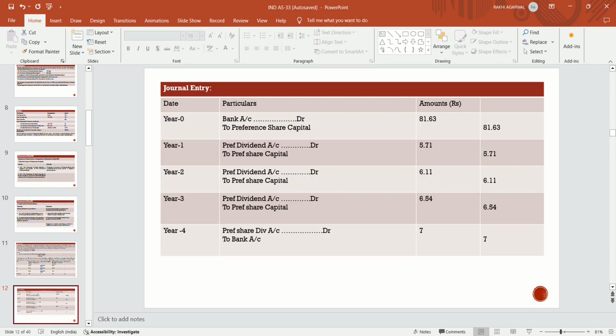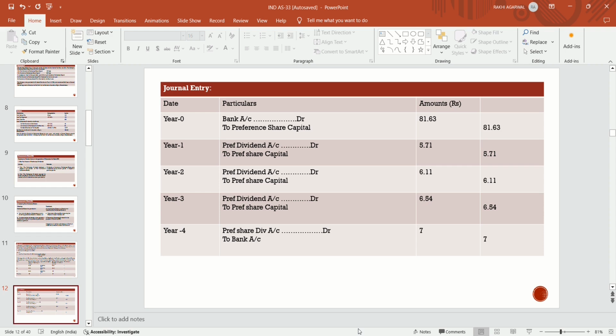In year 0, bank account debit to preference share capital, that is 81.63. It will be issued by the company to the investor at a discounted rate. In year 1, interest is to be computed on that. So preference dividend account debit to preference share capital in year 1, 5.71.